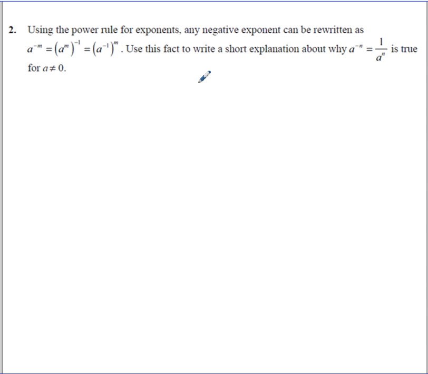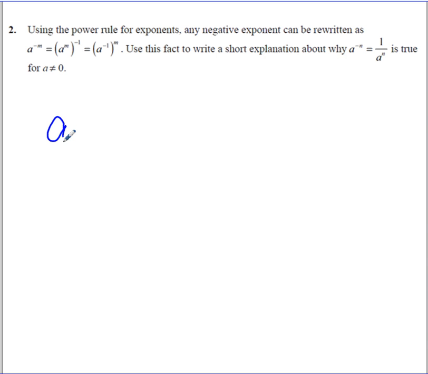And it wants us to show why a to the -n equals 1 over a to the n, as long as that a is not 0. As we know, we can't use 0 in the bottom of the fraction. So I just wrote it using their symbols. Instead of having the m power, it's the n power.